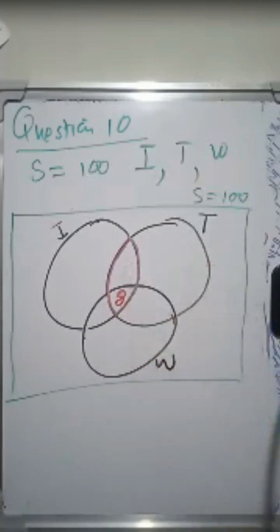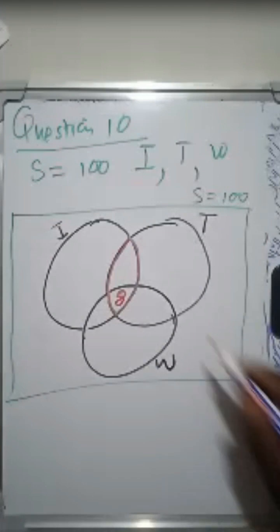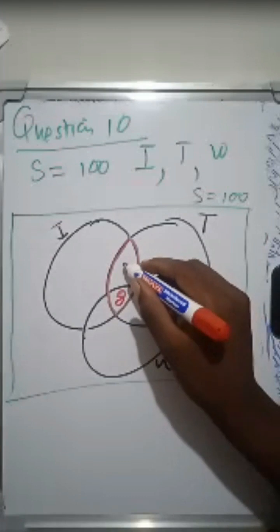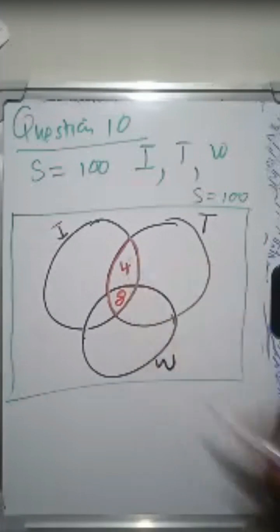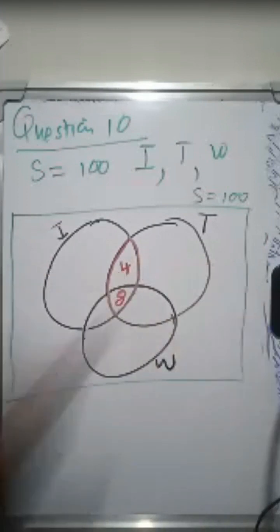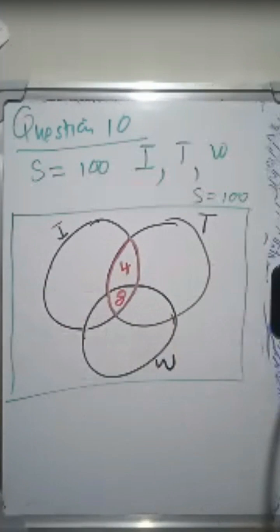So how many use Instagram and Twitter but not WhatsApp? There are how many? I heard somebody say. You were correct. 4. Such that 4 plus 8 gives us what? 12.